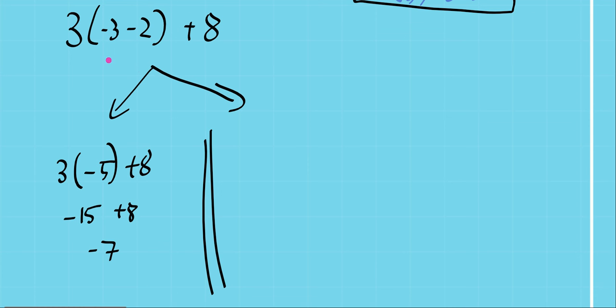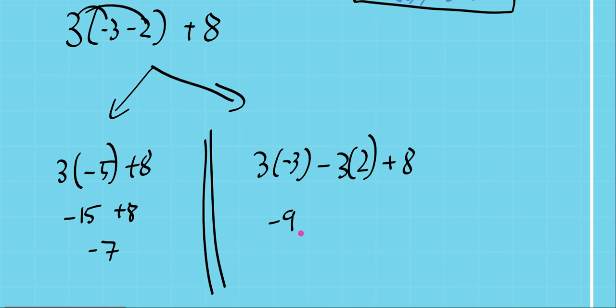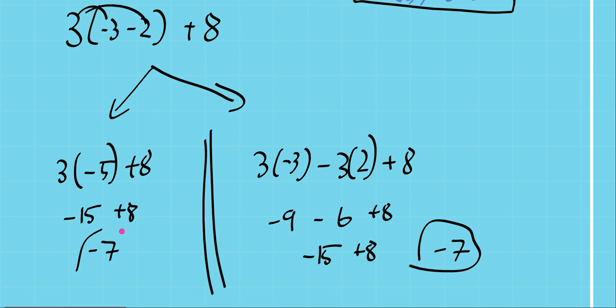If we do it the other way, where we distribute, we have 3 times negative 3 minus 3 times 2. I'll have to write it out like this. 3 times negative 3 is negative 9. 3 times 2 is 6. And negative 9 minus 6 is negative 15. Negative 15 plus 8 is still negative 7, just like it was before.